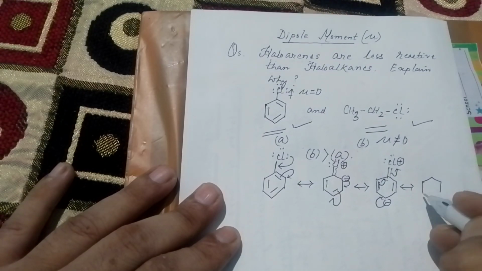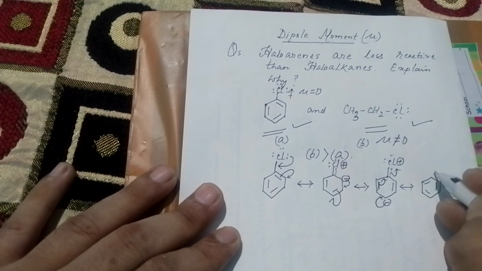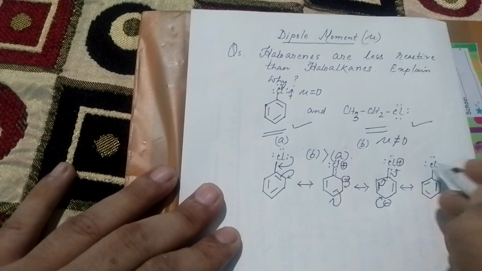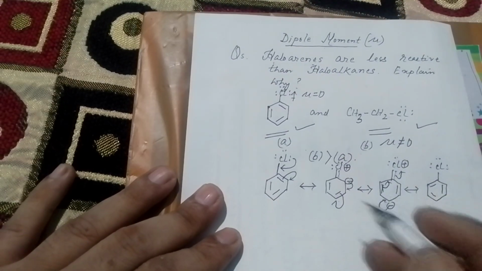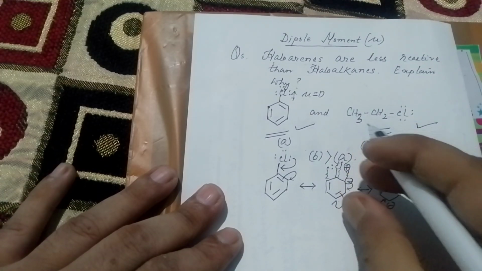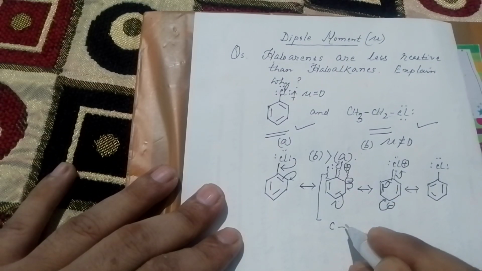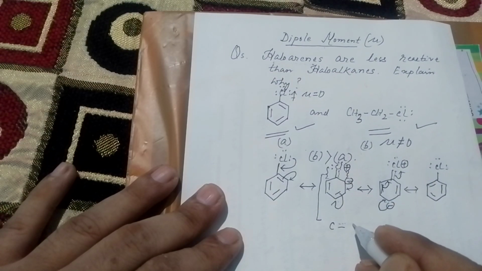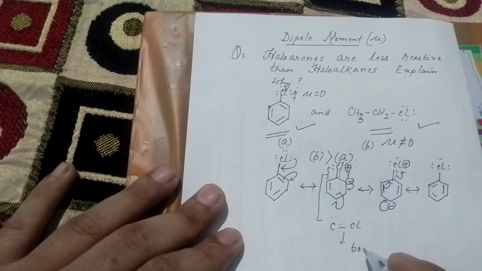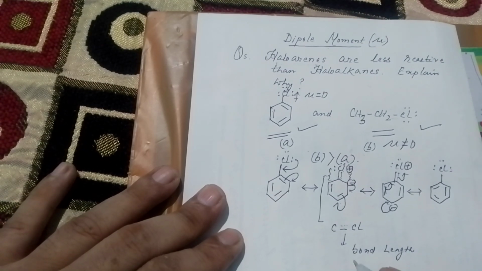I have done it a bit short. Only the position of the pi bond has changed. So this has developed partial double bond character, yes, and the bond becomes shortened. As you know, a double bond is always shorter, so the C-Cl bond length is shortened.